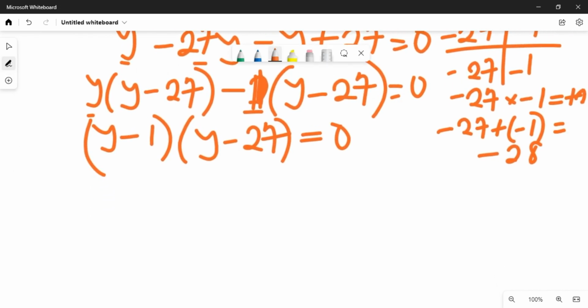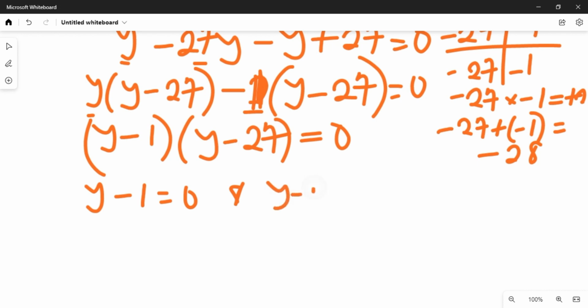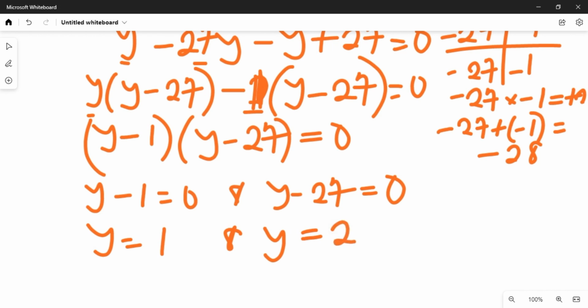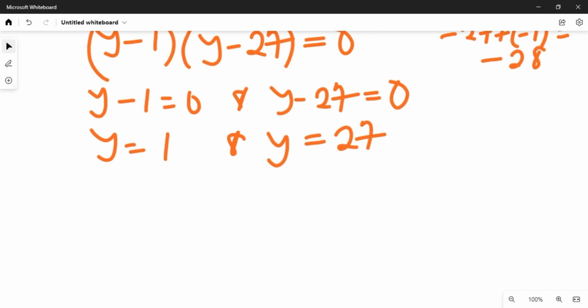Now we'll have to simplify further. To simplify further, we'll have our y minus 1 to be equal to 0, and we'll have our y minus 27 to be equal to 0. So here our y will be equal to 1, and our y will be equal to 27. So we're getting two values for y.